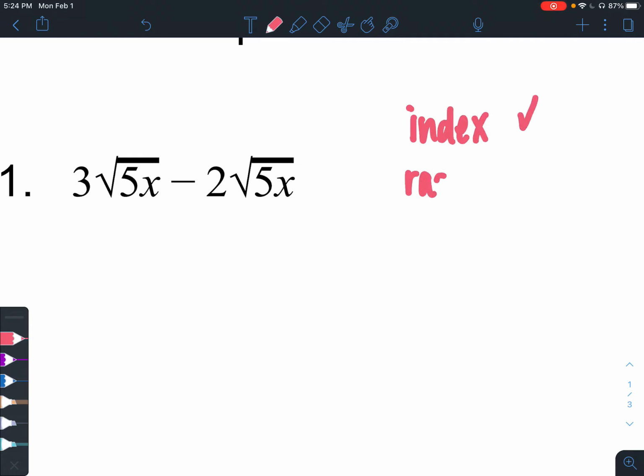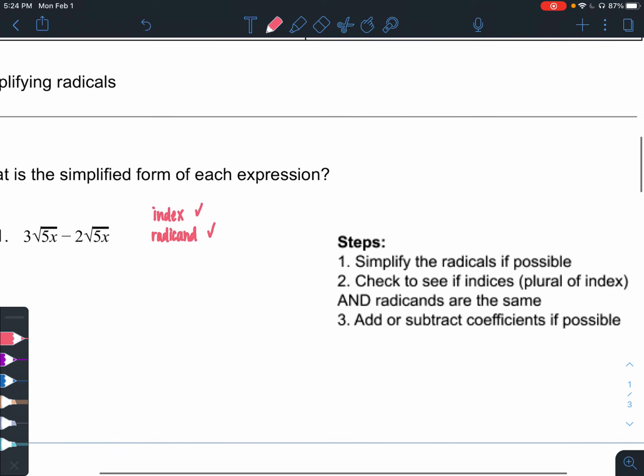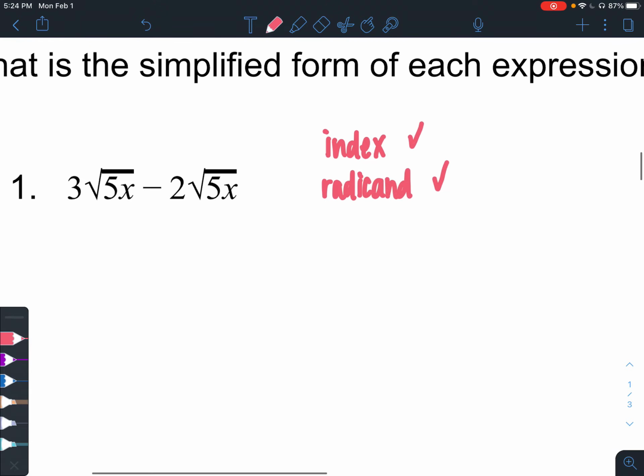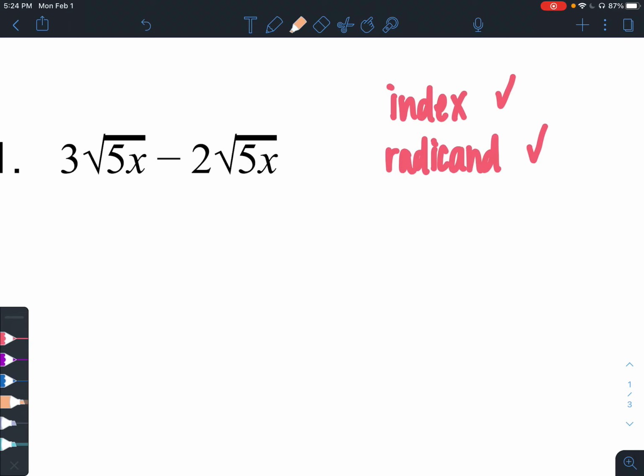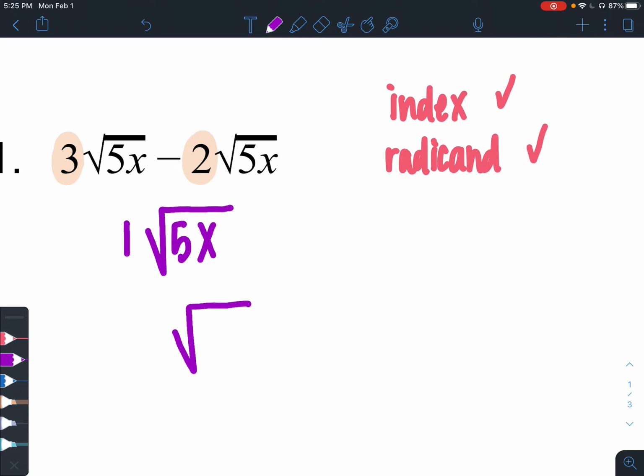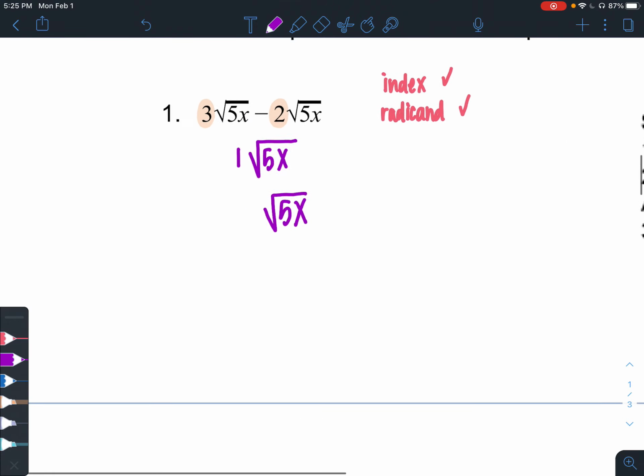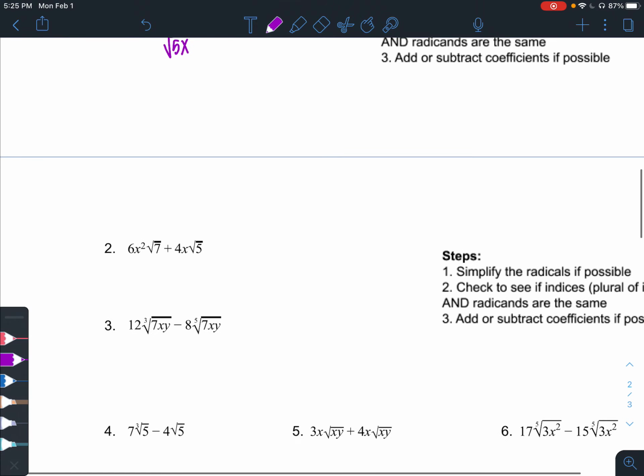So I'm just going to write index, check, and then radicand is 5x in both of them, so those are the same. Then we can add or subtract the coefficients if possible. So we have 3 and 2 here, so I'm going to do 3 minus 2 is 1, and then my radicand and index stay the same. They just get carried together. So my final answer for this one ends up being square root of 5x.